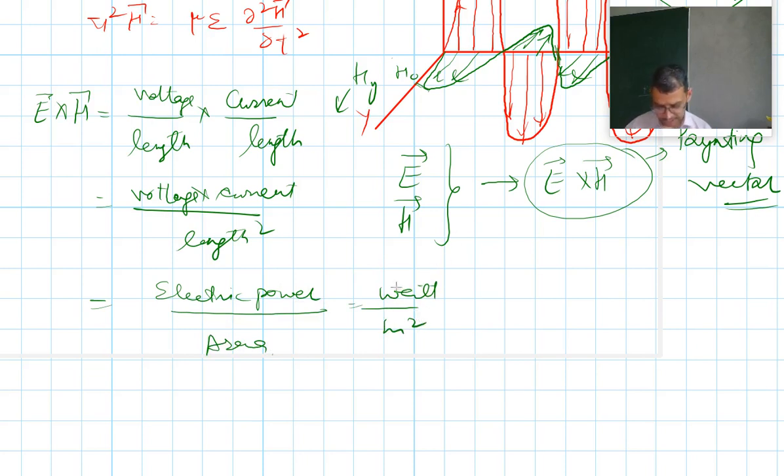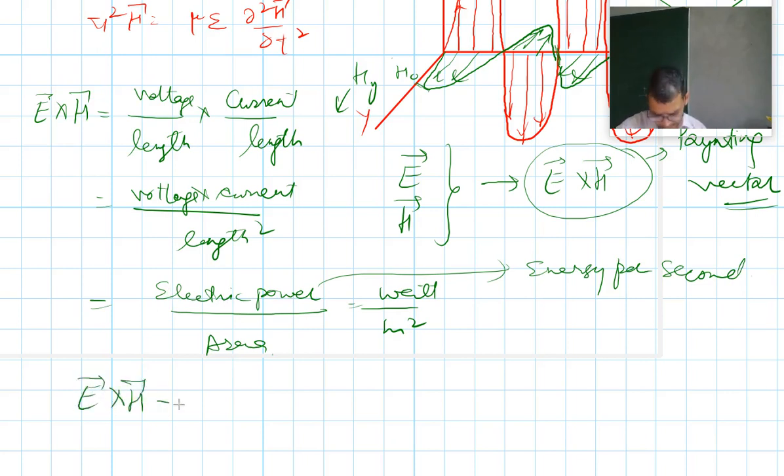Power means energy flow per second. Therefore, E cross H represents the energy flow per second per unit area.